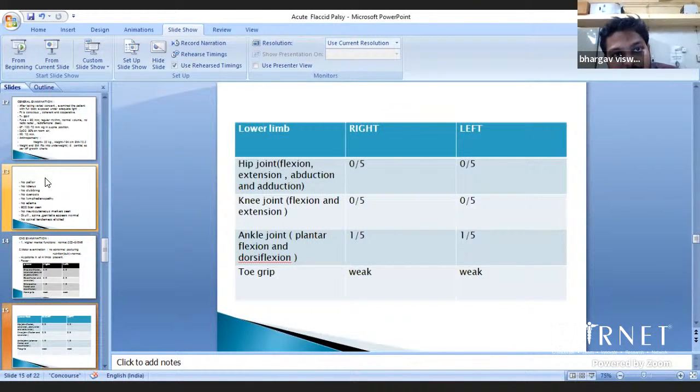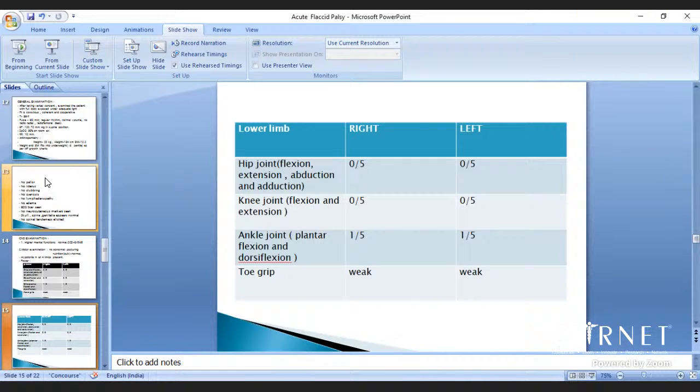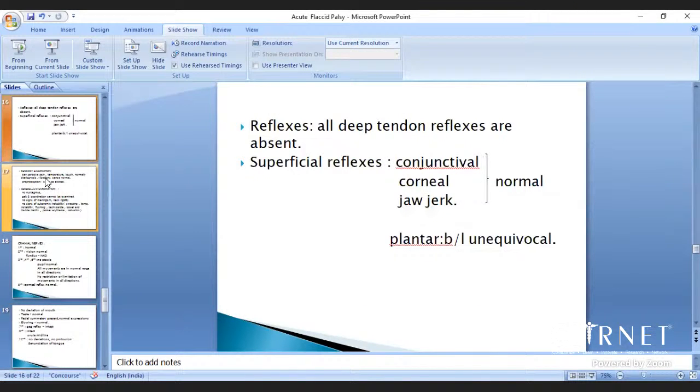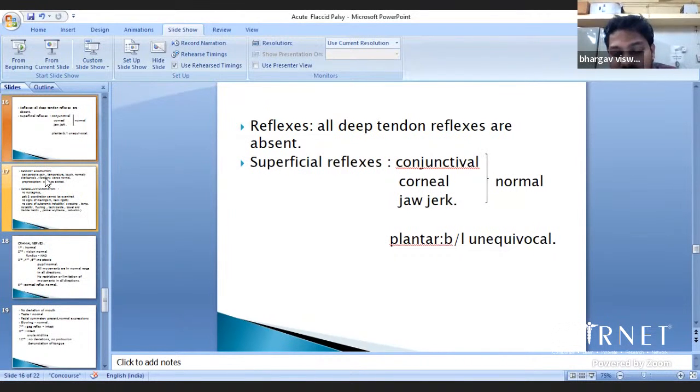Coming to lower limb examination, there is a complete loss of power in both hip and knee, and the ankle joint showed 1, and there is no toe grip. Coming to the reflexes, all deep reflexes are absent, and superficial reflexes like conjunctival and corneal are present, but the patient's plantar is equivocal.